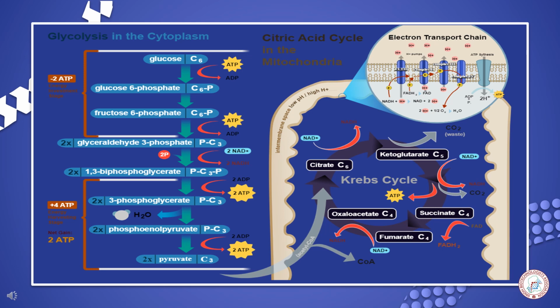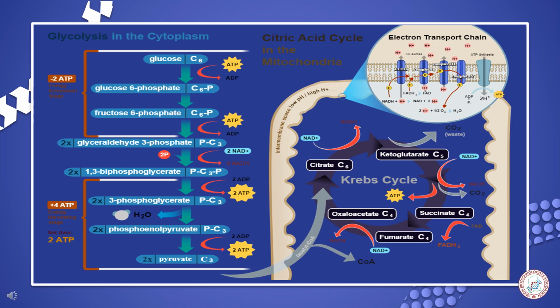Then this pyruvate will undergo another conversion: it is converted into acetyl-CoA via the enzyme pyruvate dehydrogenase. Acetyl-CoA, the carbon 2 compound, and oxaloacetate, the carbon 4 compound, are converted into a 6 carbon compound, that is citrate.